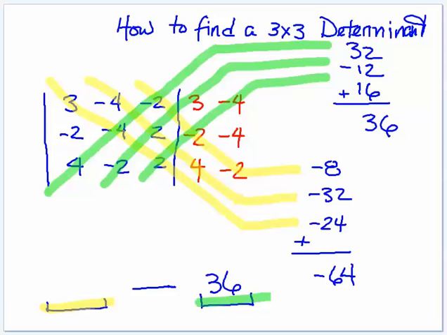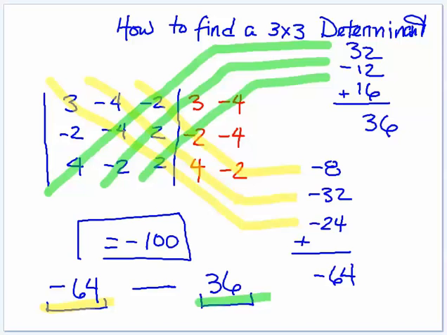The yellow number is here, negative 64. And what we have now is negative 64 minus 36. You've borrowed $64, you borrow 36 more, and that equals negative 100. And that is the determinant for this 3x3 matrix.